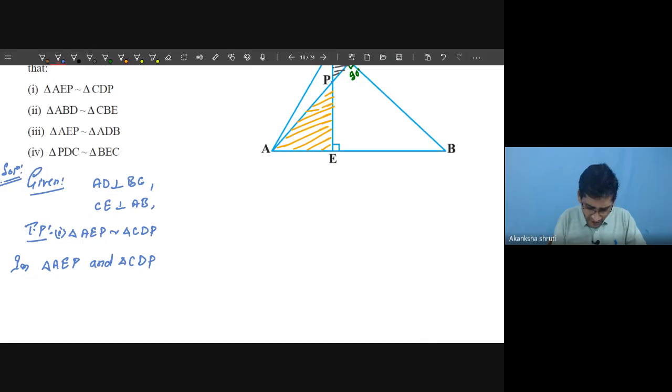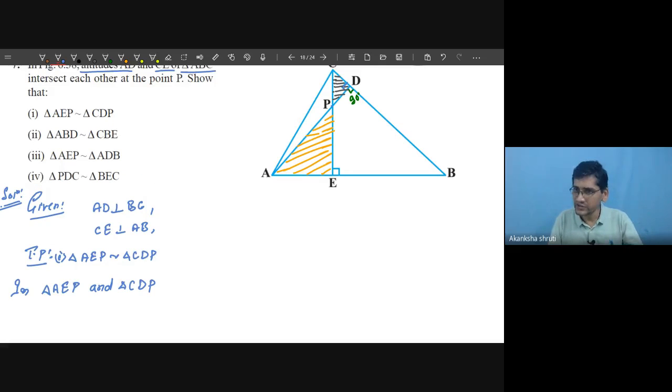Why? Because all the quantity for triangle AEP is going to be written on the left hand side, and all the corresponding quantity for triangle CDP has to be written on the right hand side. Okay, so these things we have to take care. What are the equalities that can hold good in these two triangles?